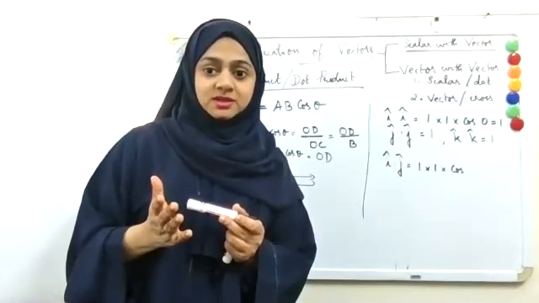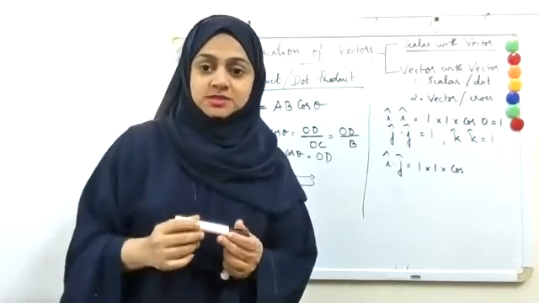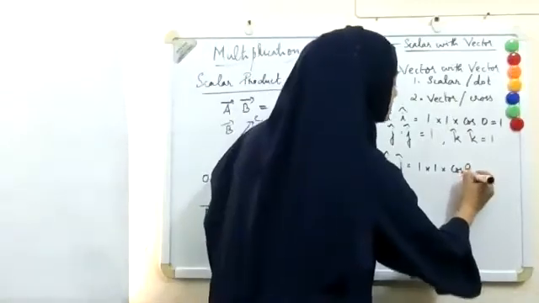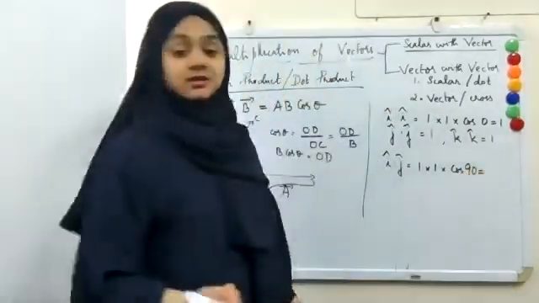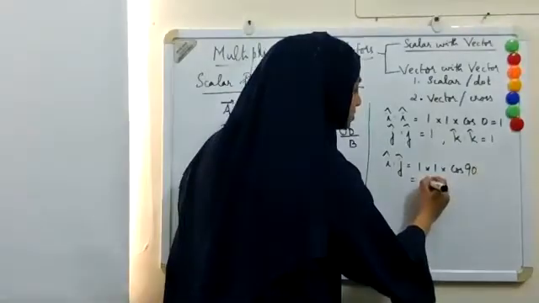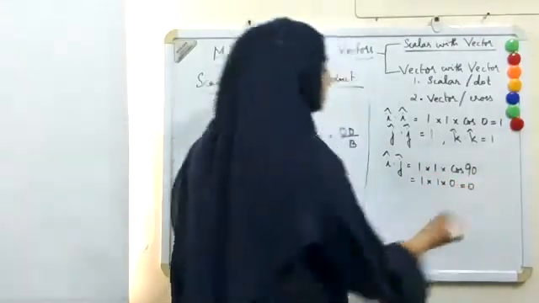Angle between X-axis and Y-axis. 90 degrees. So cos 90. What is cos 90? 0. Yes, cos 90 is equal to 0. So 1 times 1 times 0 is equal to 0.